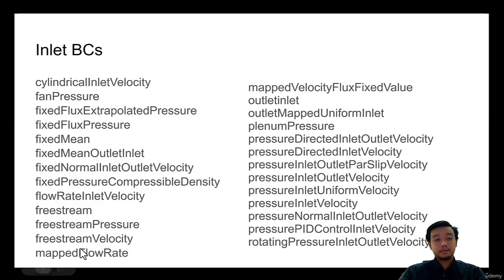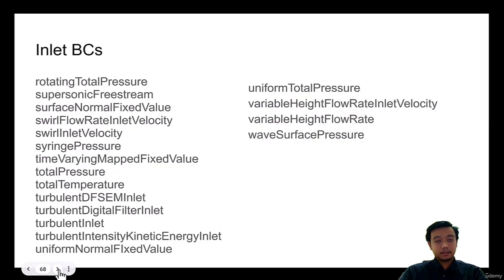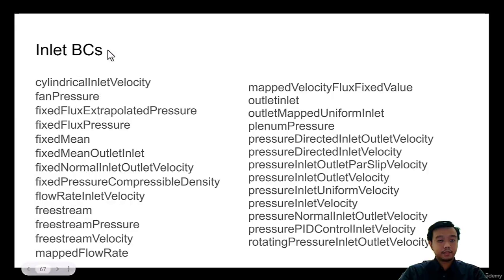Then inlet boundary conditions. Actually I have 2 slides only for inlets, because it is very rich. For example, if you want to make your inlet using the pressure, you can use a pressure inlet, or if it is a free stream for external flow, we can also use the free stream, which are the free stream velocity and free stream pressure.